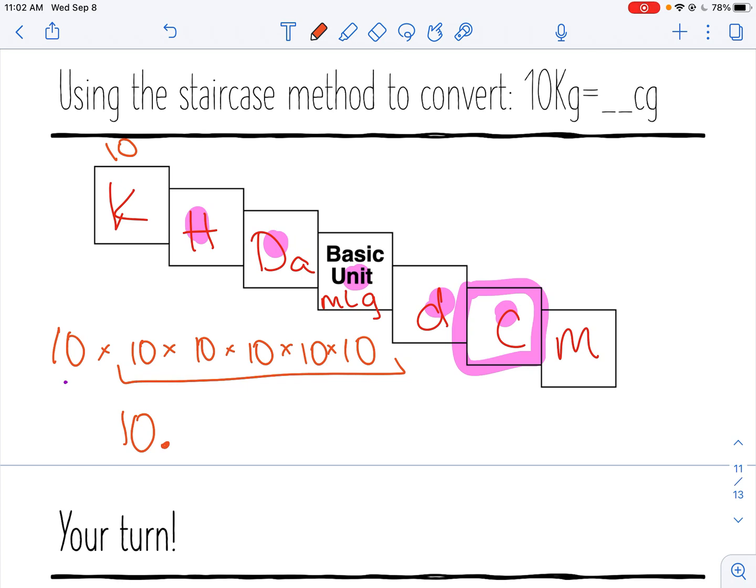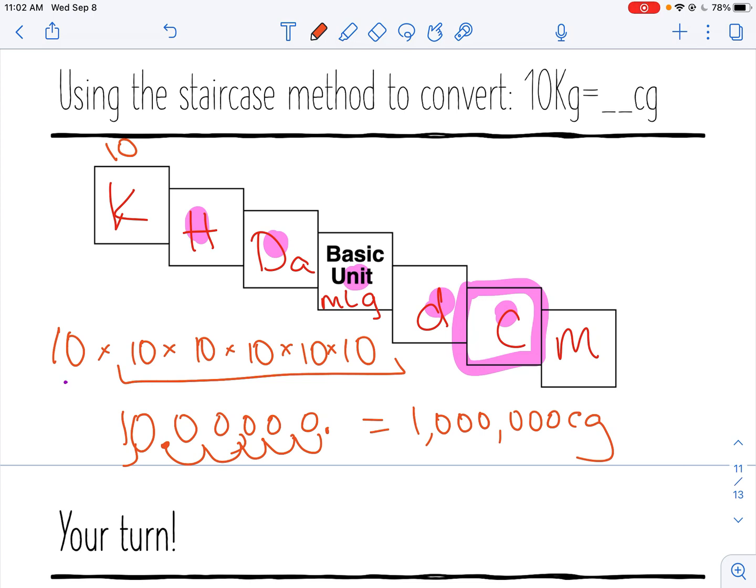Here's my decimal point. Move it 5 spaces. 1, 2, 3, 4, 5. Fill in with zeros. And I get 1 million centigrams. So it's totally up to you. You can do it a variety of ways when converting between kilograms to centigrams or any of these metric prefixes.